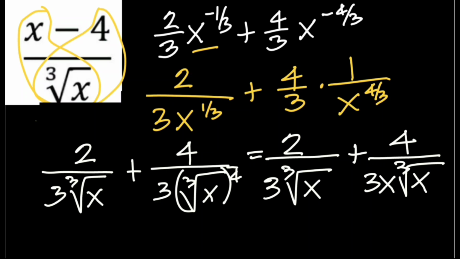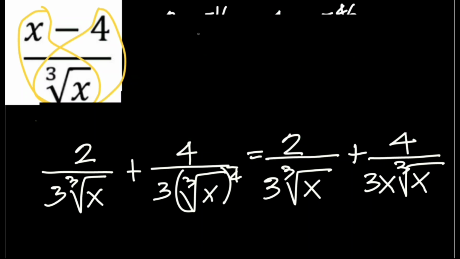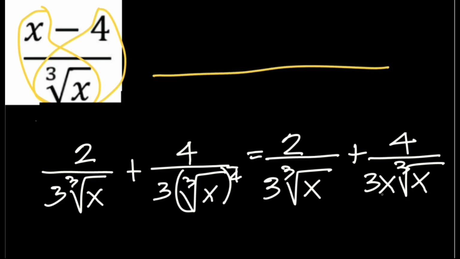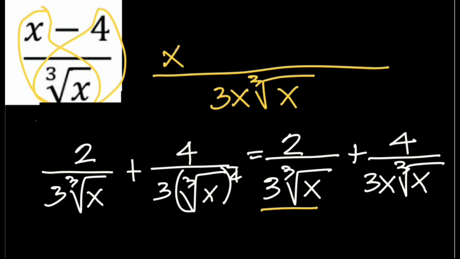Then we can further simplify by adding them, and we get the LCD. The LCD is 3x cube root of x. Now 3x cube root of x divided by 3 cube root of x is just x, times the numerator 2, then plus 4.